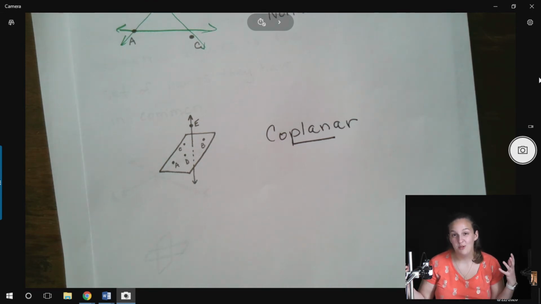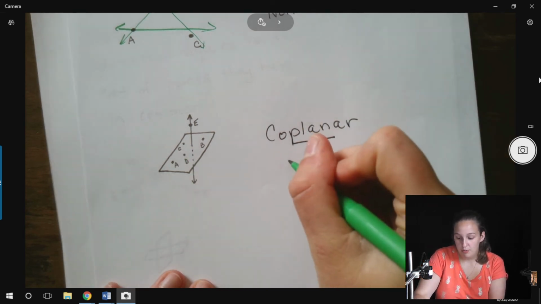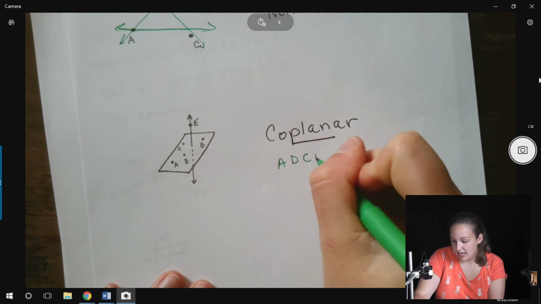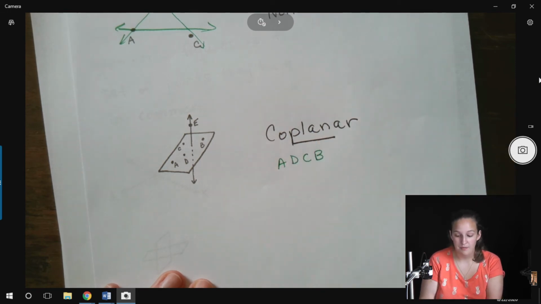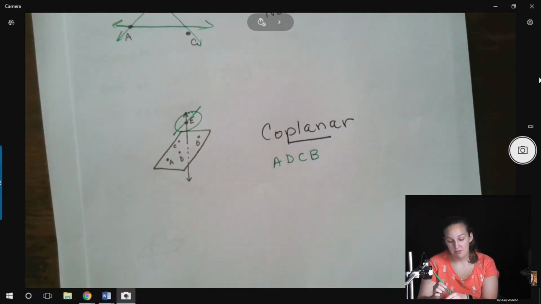So coplanar points are a set of points that are all on the same surface, all in the same plane. So in this image, our coplanar points are A, D, C, and B. E is not, because it is outside of the plane.